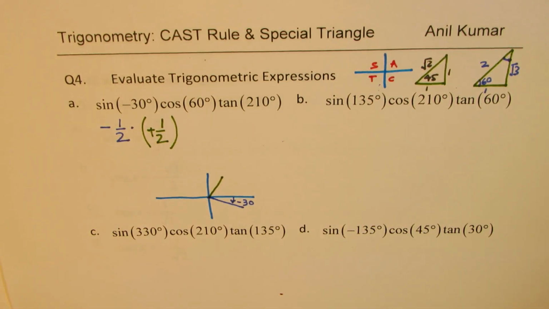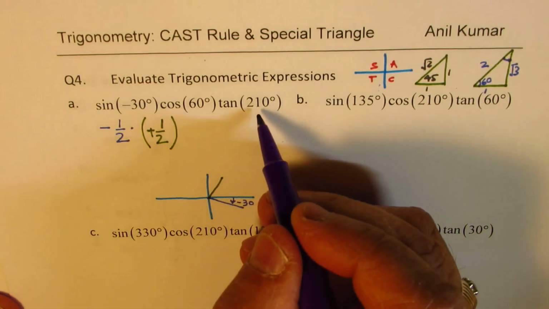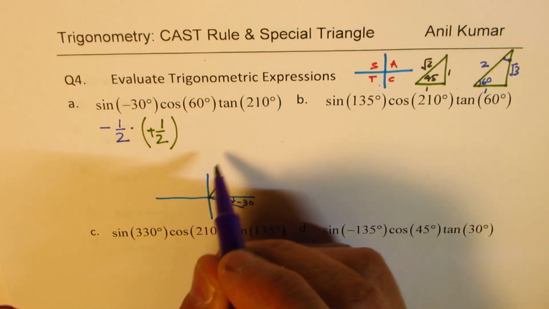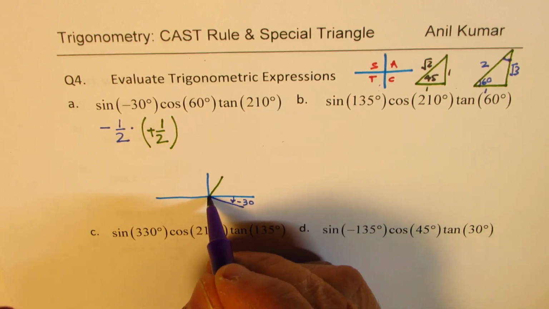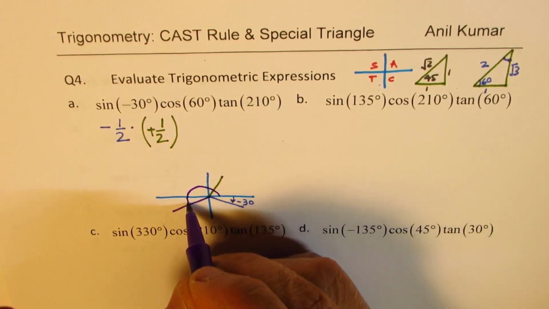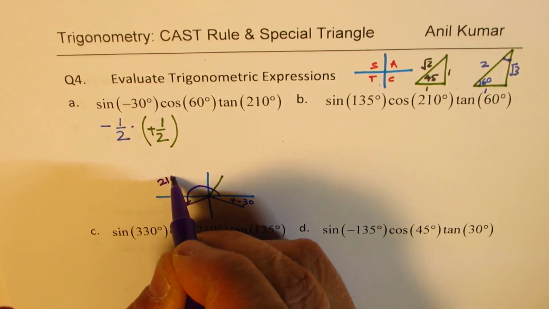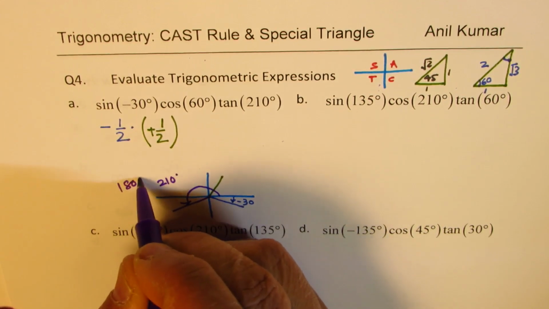Correct? Now let's look into the third value, which is tan of 210. Tan of 210 is more than 180. How much more? 30 more. So 210 really means 180 plus 30.